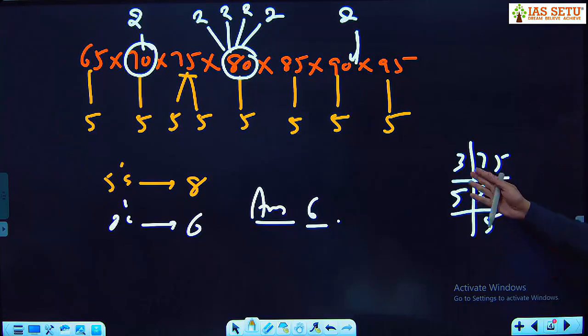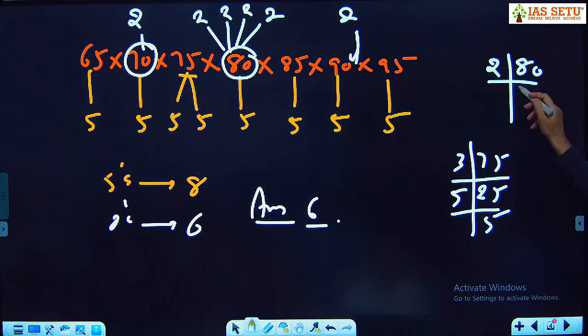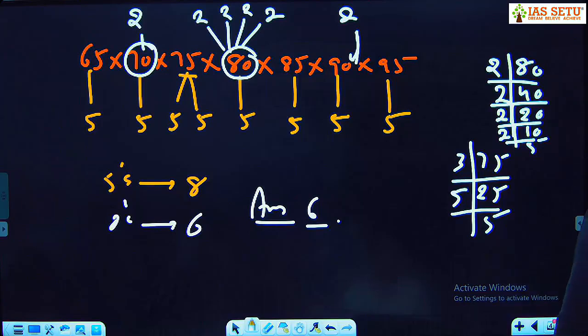Slowly and gradually, you can't check each and every number. जैसे 80 है, तो 80 में you take 2 common 40, you take 2 common 20, 10, 5. थोड़ा सा फास्ट चलेंगे ना. 16 into 5. Break and you can easily check. 16 मतलब 2 how many times? 4 times. 32 means 2, 5 times.